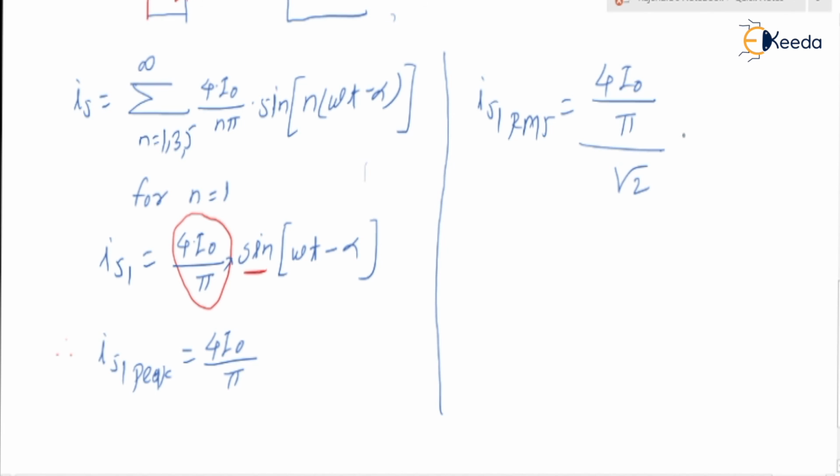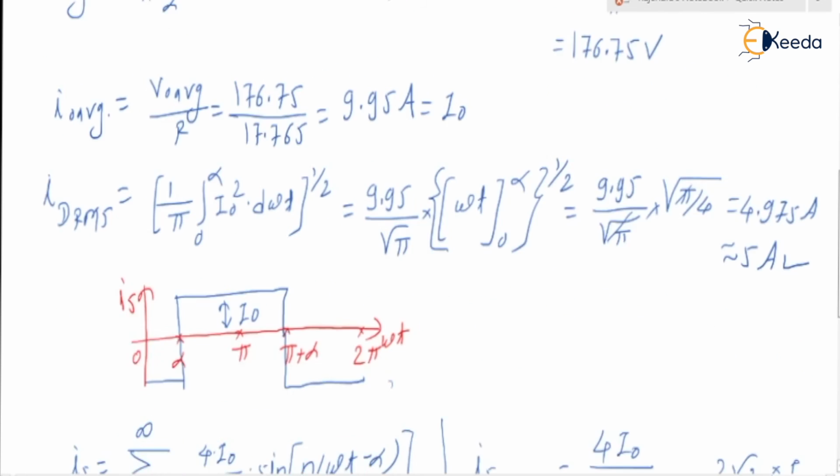So this can be written as 2 root 2 into I0 divided by pi, right? What is I0? We have already calculated the I0 value, and it was 9.95.